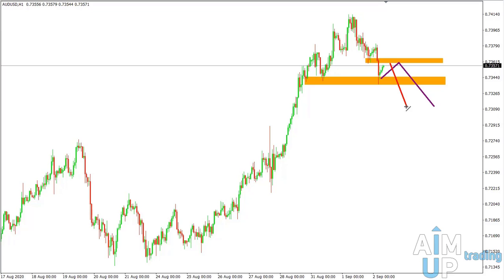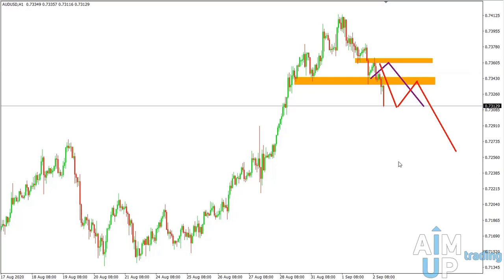That's why I'm gonna change the color to red, guys. Then retest the second area that we draw, and then from there on to keep going down. So this is basically what we expect. The purple one is the first case scenario, which so far is already moving the way we thought that it would.